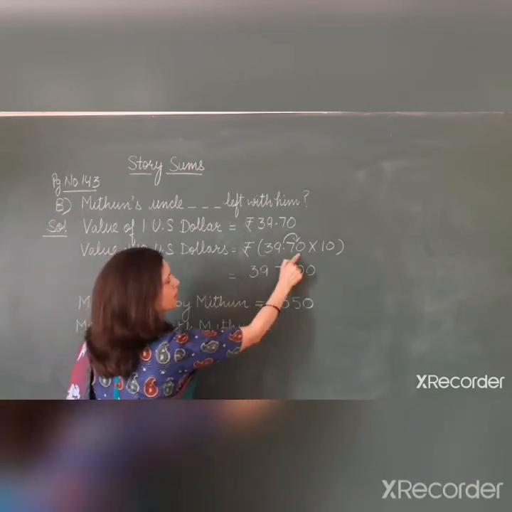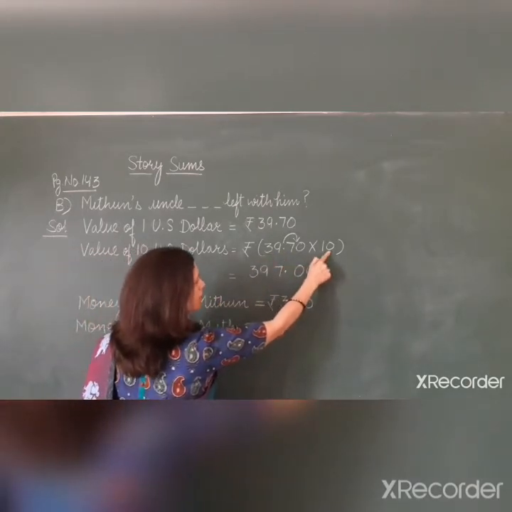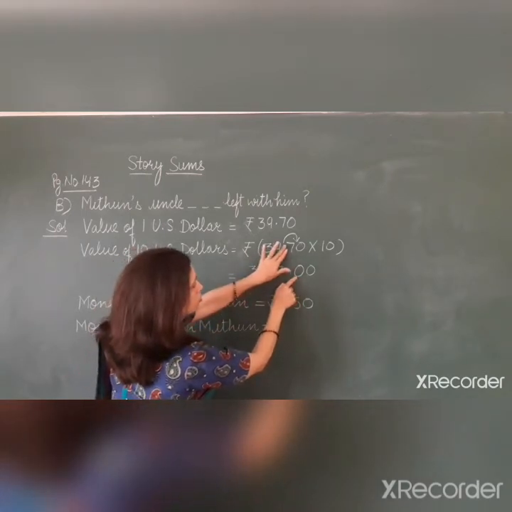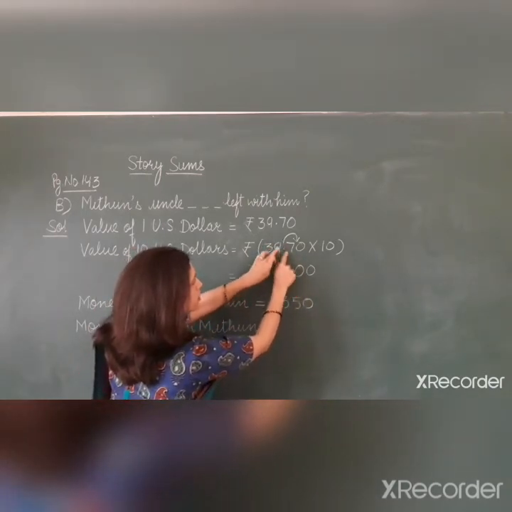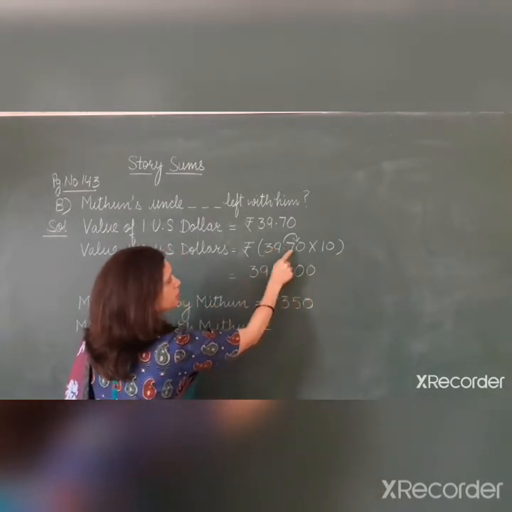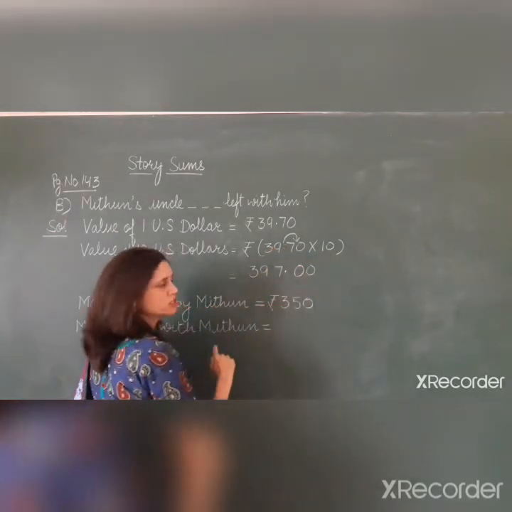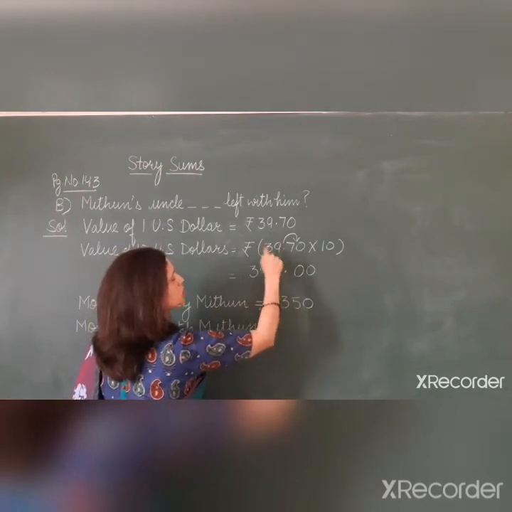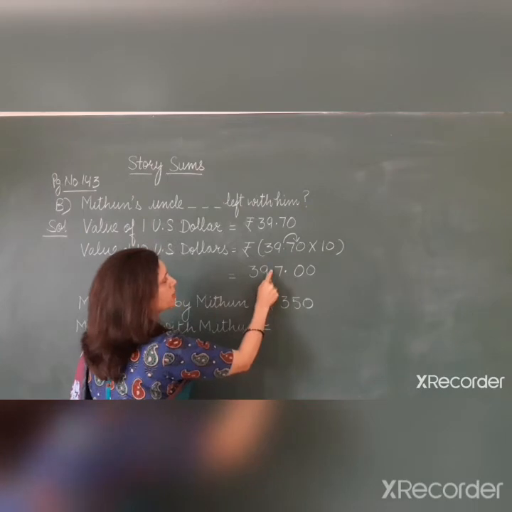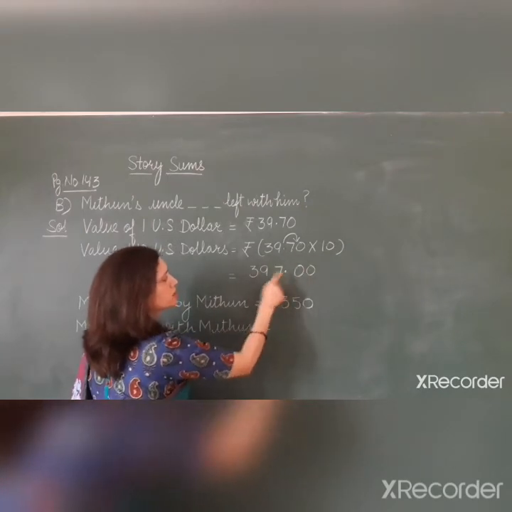Because when we multiply this number by 10, we get 2 zeros without considering the decimal point. And because in the multiplier there is only 1 zero, the decimal point shifts to the right by 1 place, to after digit 7.